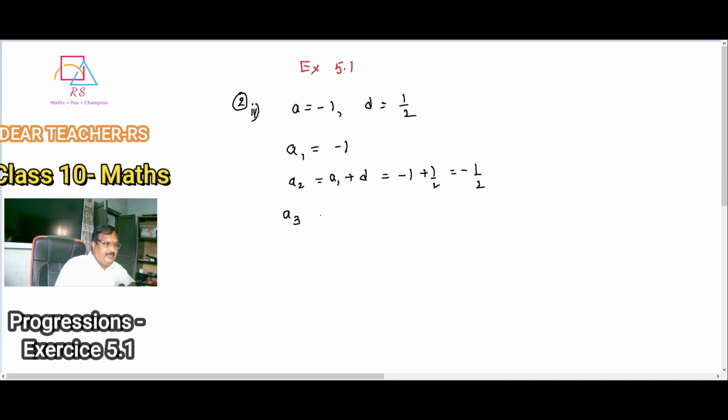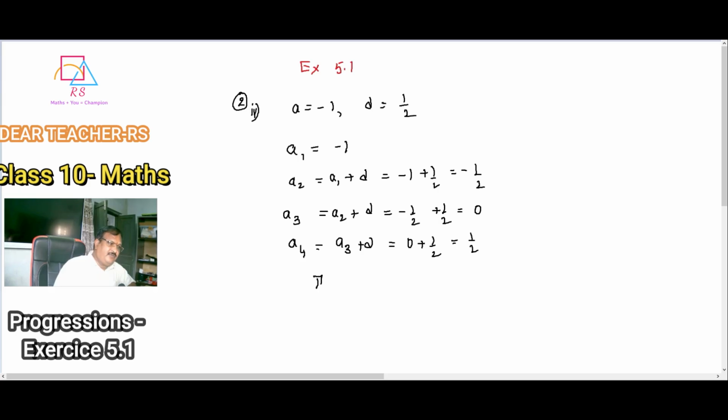For A3 you follow the same procedure. So A3 is minus half plus half, d is half, so 0. And A4 is nothing but A3 plus d, which is equal to 0 plus half, which is equal to half.